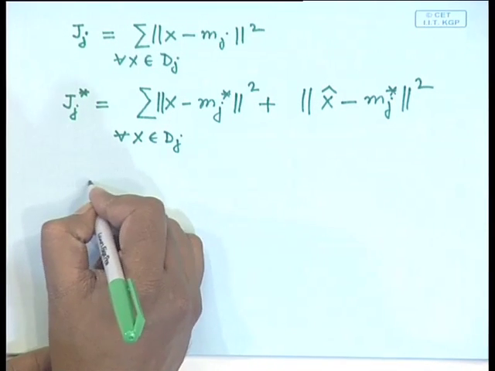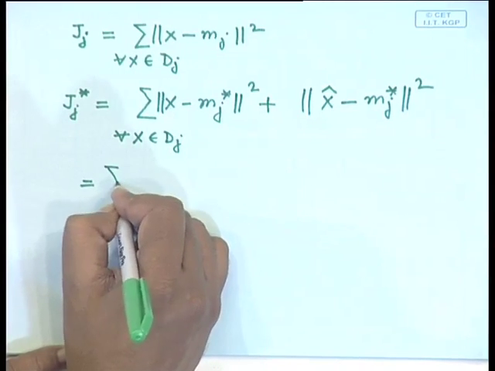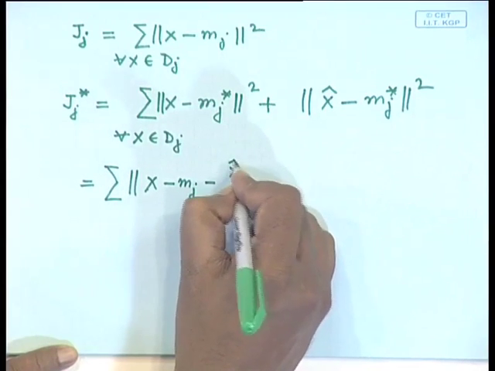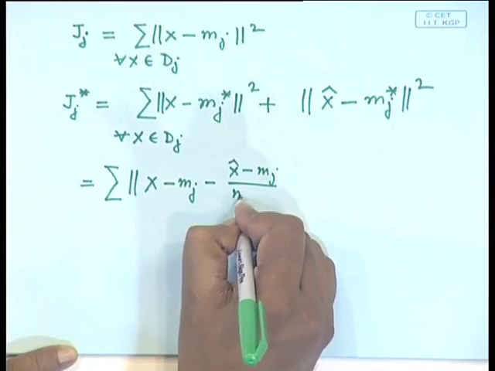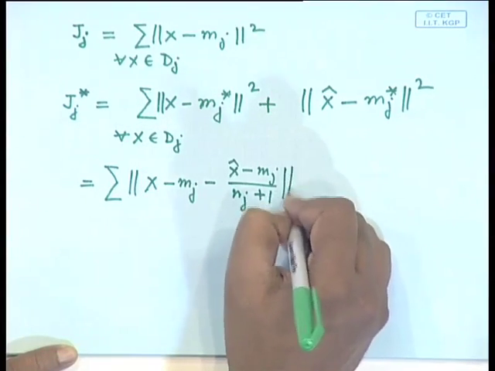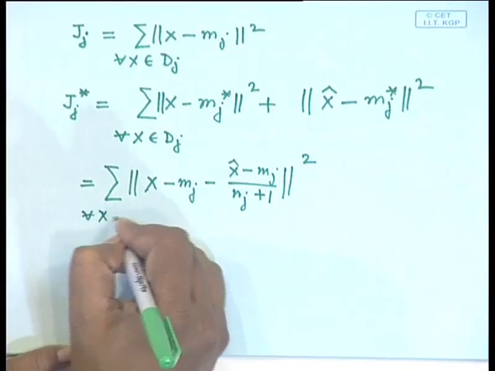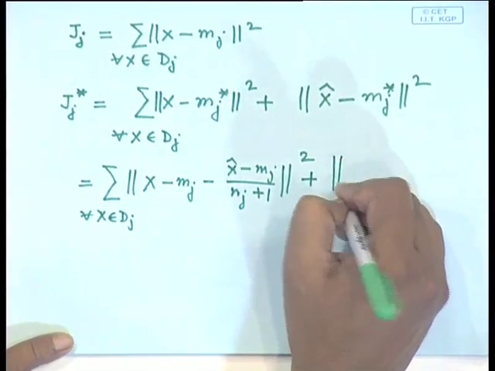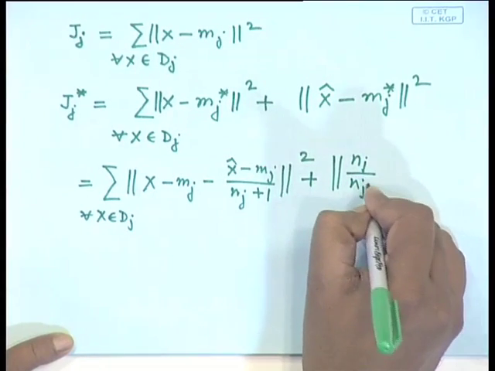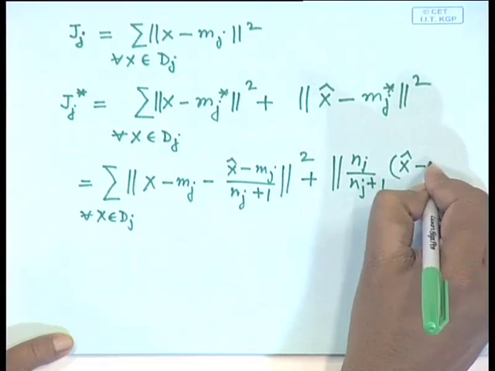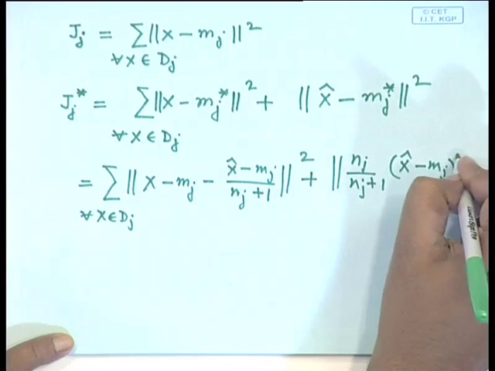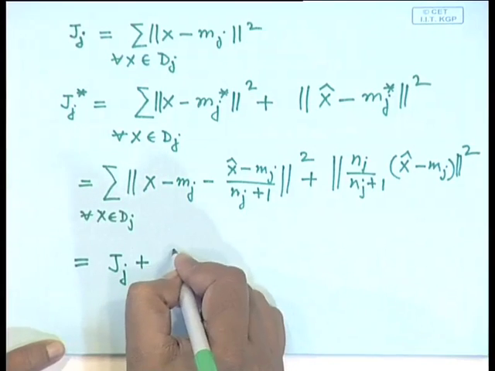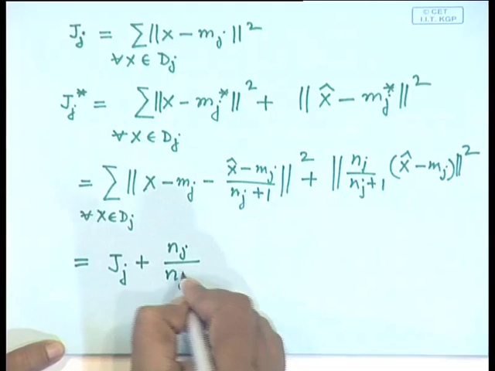Okay. And again I can simplify this, and this can be simplified as x j plus n j by n j plus 1.